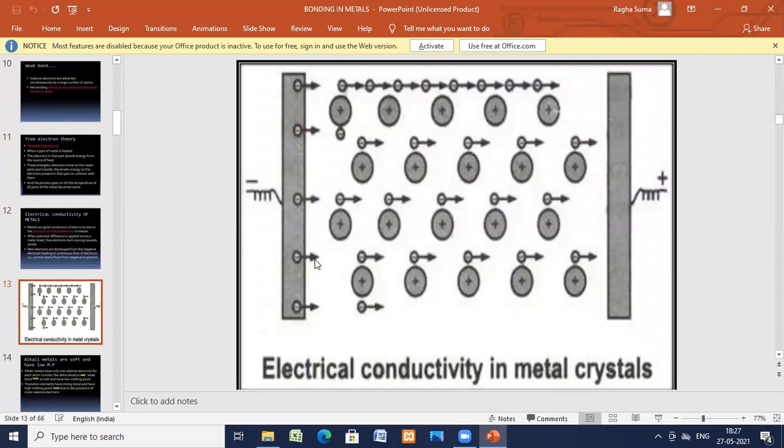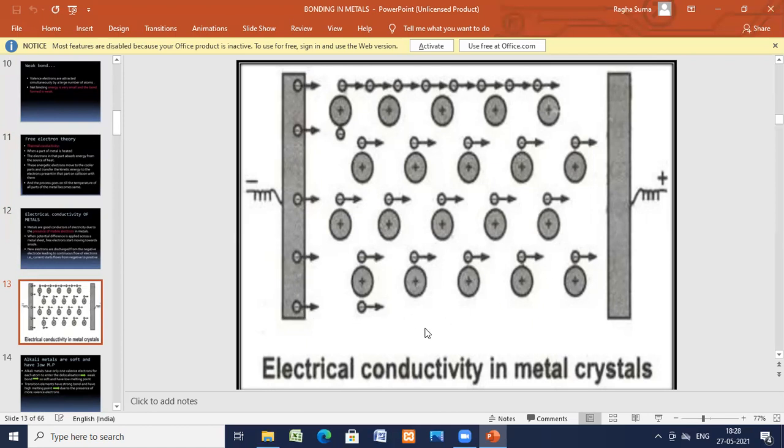And you can see the diagram clearly explains this. Have a look. These are the nucleus and these are the free electrons, moving in this direction.